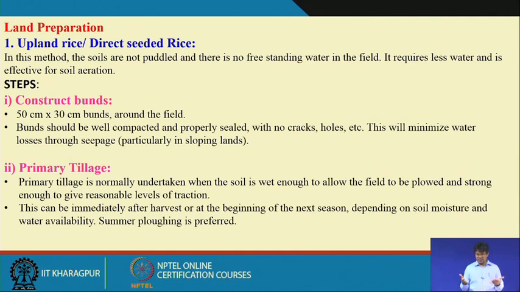Only the conventional tillage operations, primary tillage and secondary tillage, are done to have a loose seed bed for sowing of the seeds. That is done along with the construction of bunds. In upland ecosystems we can raise the bunds, so that if there is rainfall, the runoff loss is not allowed and water can be stored.